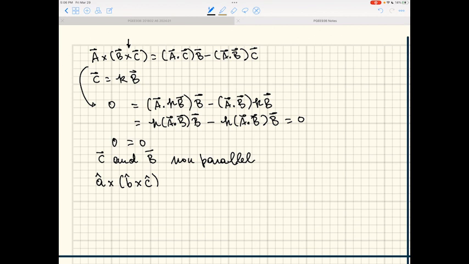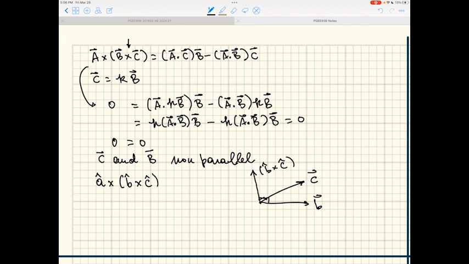Notice that if you have B and C, the cross product is orthogonal to both, okay? And the cross product of this B cross C versor, right, is orthogonal to B cross C.